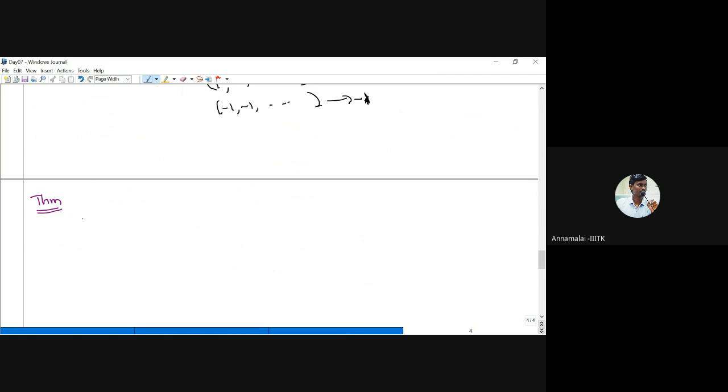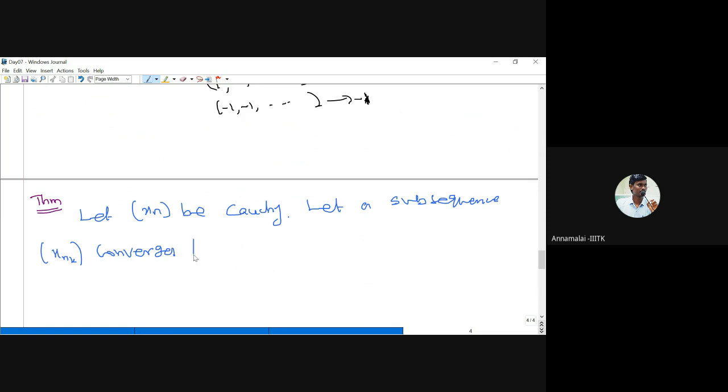But when can we say a Cauchy sequence converges? That is a theorem. Let x_n be a Cauchy sequence, and suppose we have at least one subsequence x_{n_k} that converges to some x. Then x_n converges to x.